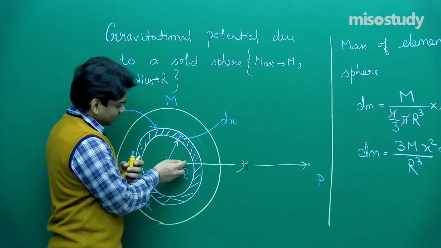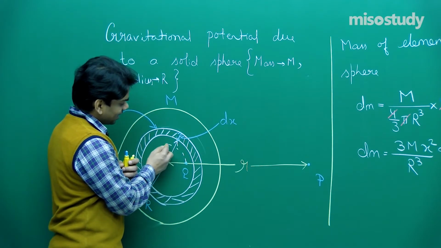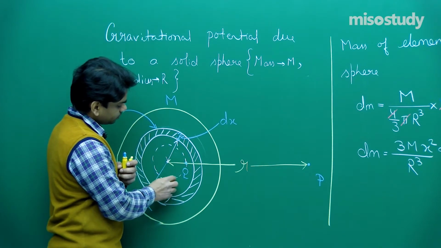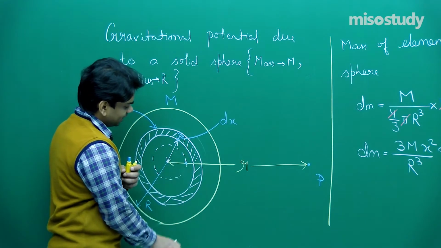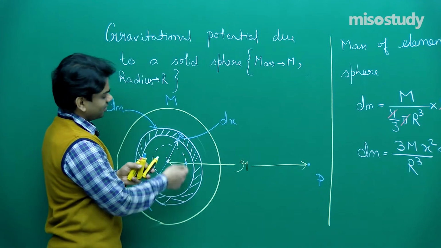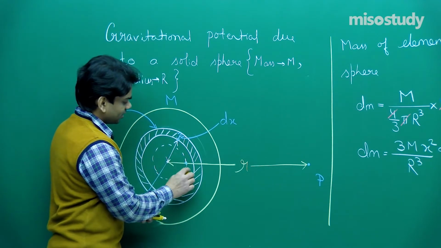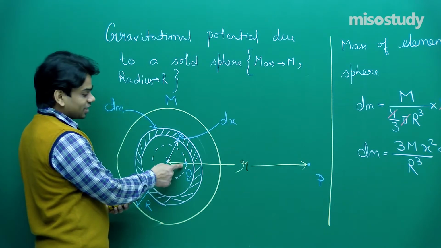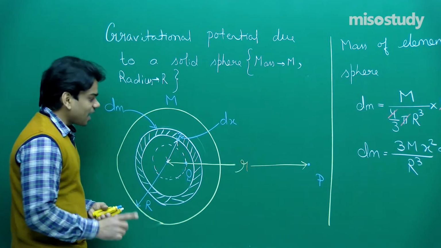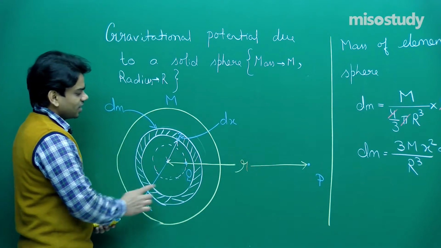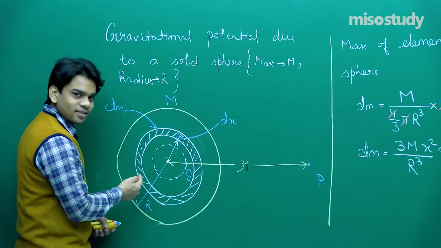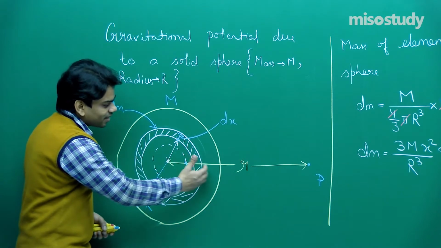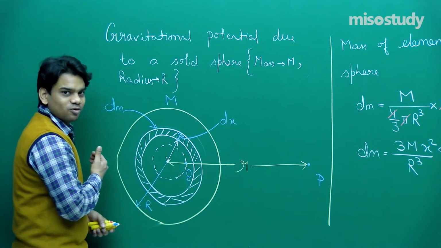If I divide the entire solid sphere in this way, I hope that you all can easily make out that this is another sphere and this is point Q. We can divide the entire solid sphere into two parts. One, this dotted sphere whose boundary is this dotted ring, and the second, this entire leftover portion.